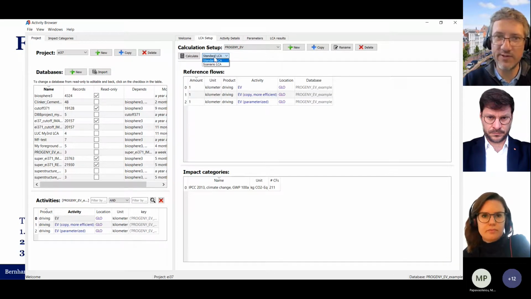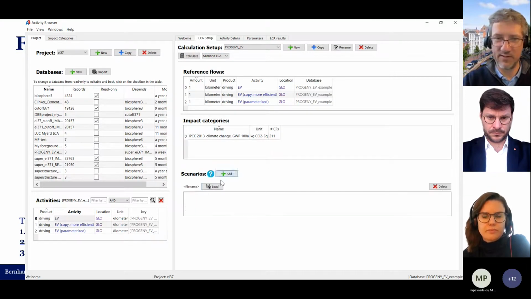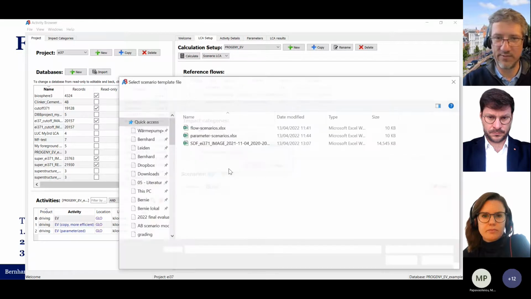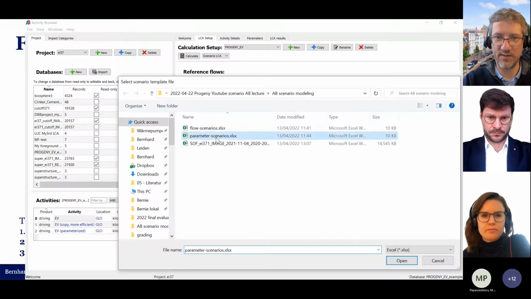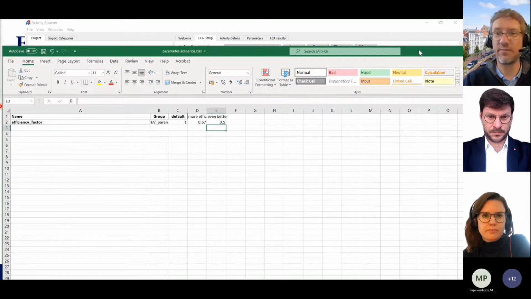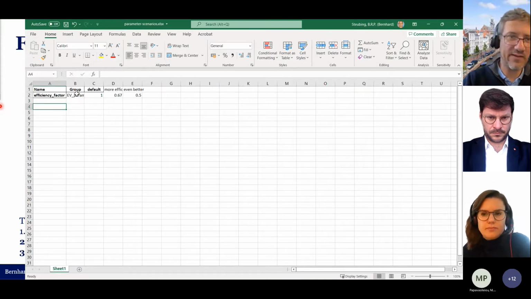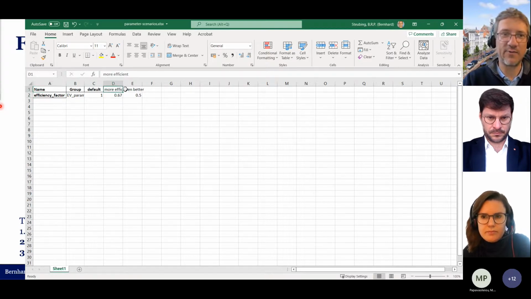So you can switch here to scenario LCA, and you can import, let's start with the parameter scenarios, and I'll just show you quickly what is in that file, just so you understand what we're talking about here. So parameter scenarios is basically as easy as this. You remember that we had a parameter called efficiency factor, and now I included two.